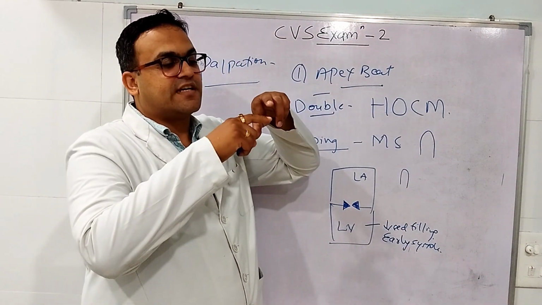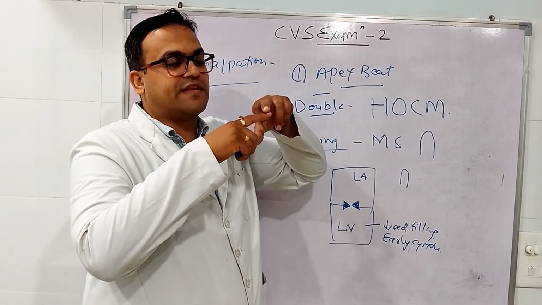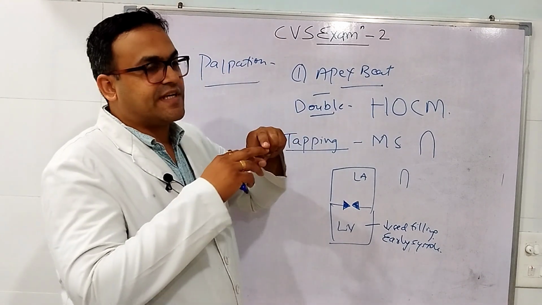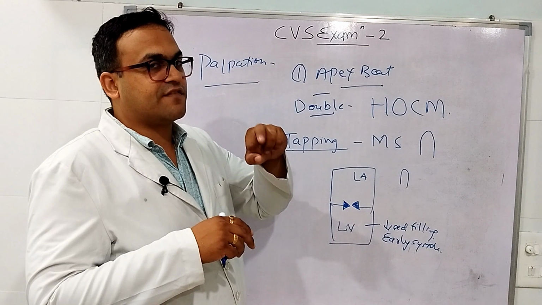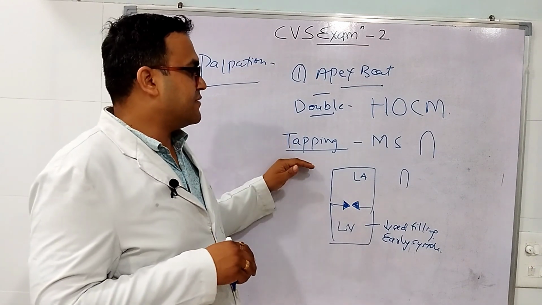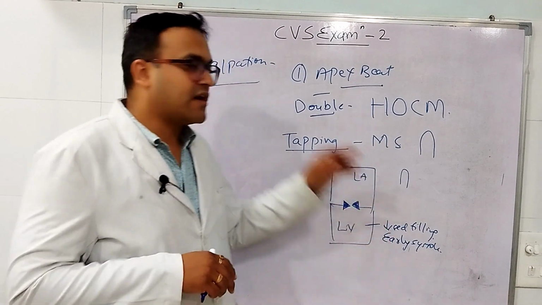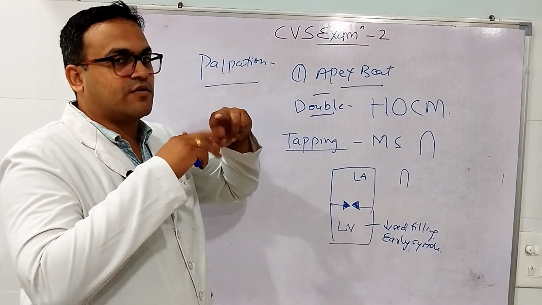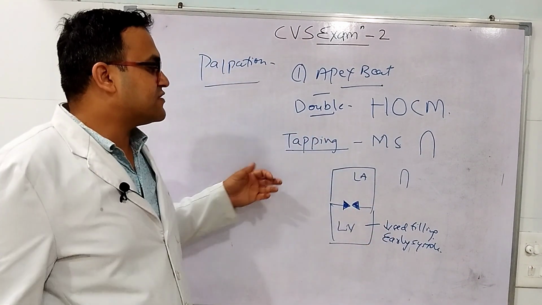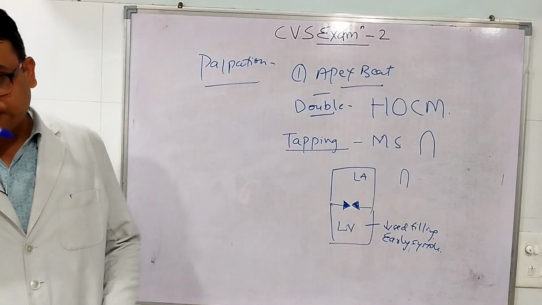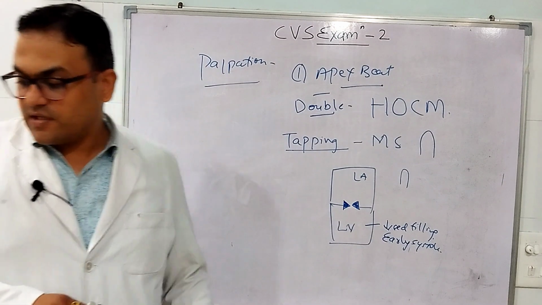It will just touch and go. It will not lift the finger. In normal apex beat, the thrust will lift your finger. But in mitral stenosis, because of decreased filling and early systole, it will not lift the finger. It will just tap and go. That is known as tapping apex beat, seen classically in patients with mitral stenosis.